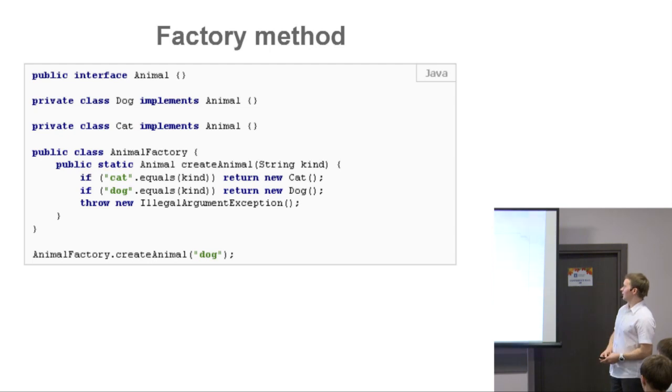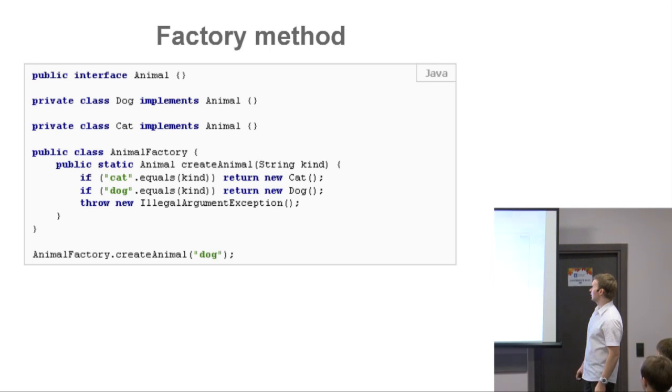Here is a typical implementation of the static factory method in Java. We have a base class animal and two concrete subclasses dog and cat.